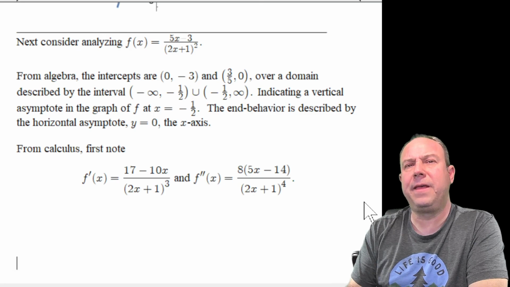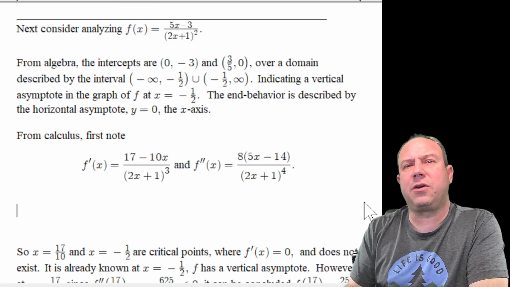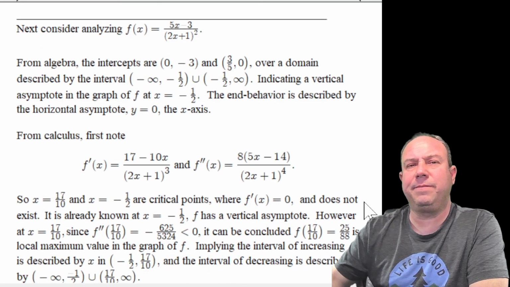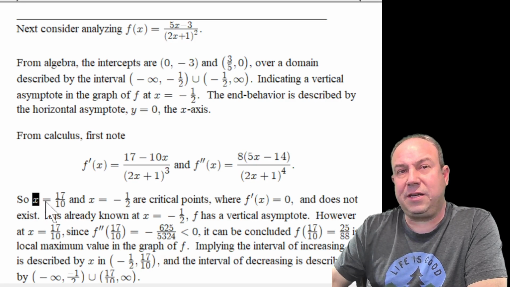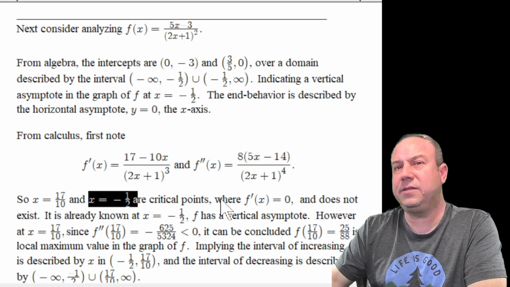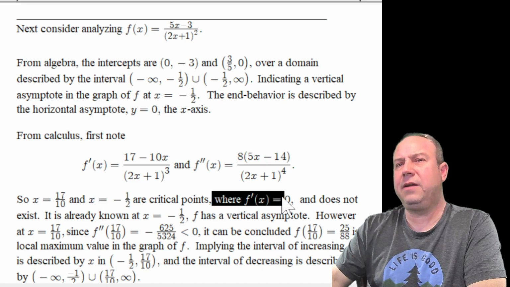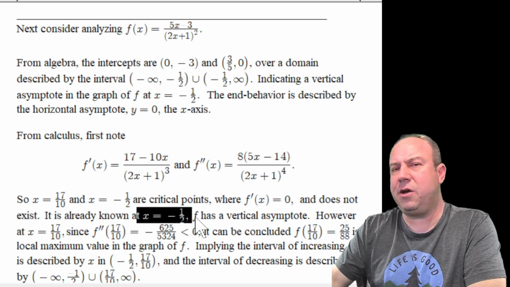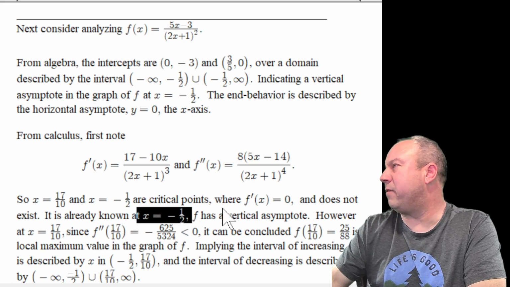All right. If we start to put this together, right? So x equal to 17/10 and x equal to -1/2 are the only critical points, right? Where our first derivative equals 0 or does not exist. And it's already known that x equal to -1/2, we have a vertical asymptote.